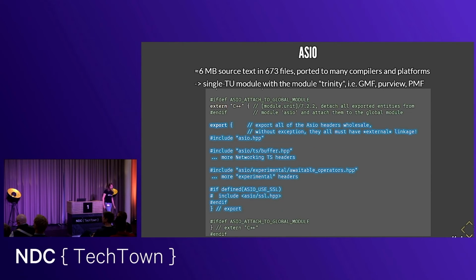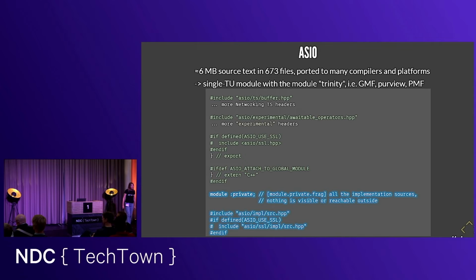We have the exported entities. In this case, this is a header-only library, or can be used as a header-only library, so we throw all of these headers in there, and we have a lot of them. And in the final section, we have the private module fragment, where you place all of the implementations.